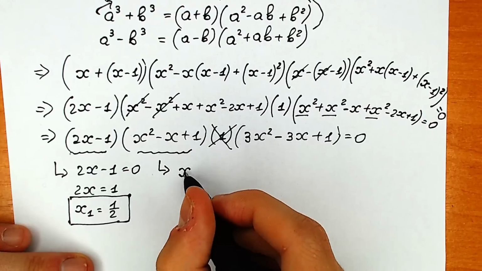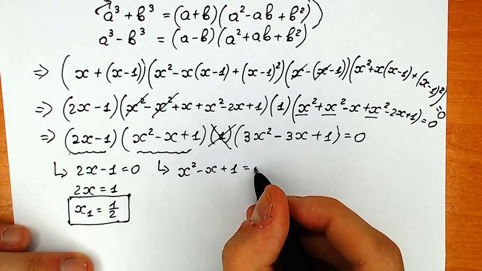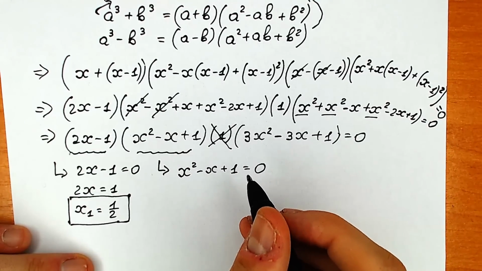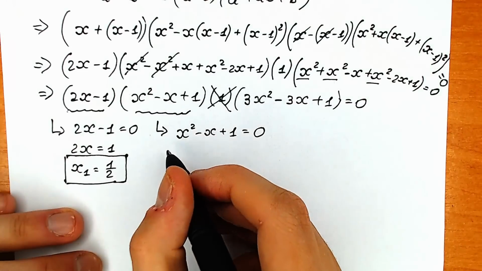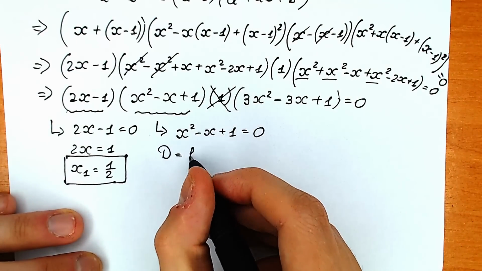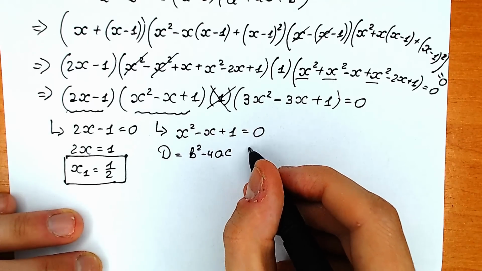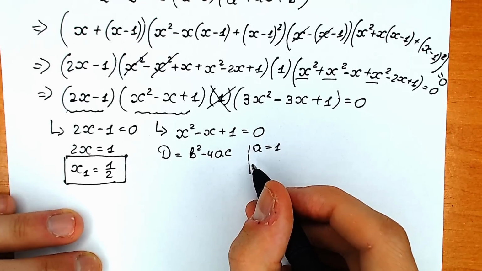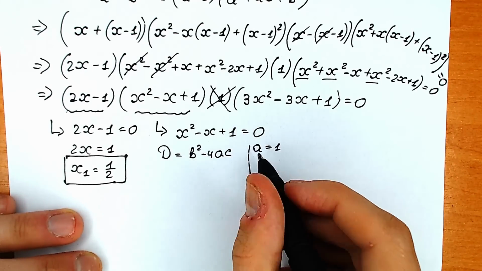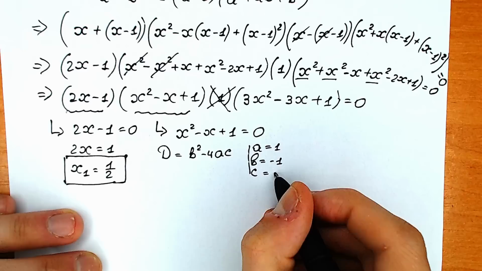So we have x squared minus x plus 1 equal to 0. Let's see what will happen when we find, for example, our discriminant. When we find our discriminant equal to b squared minus 4ac, we're going to plug in each of these values. So we have a equal to 1, b equal to minus 1, and c equal to 1.